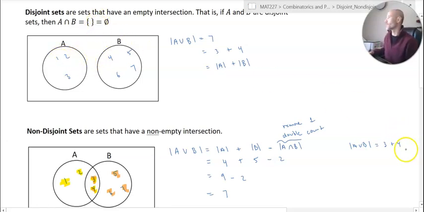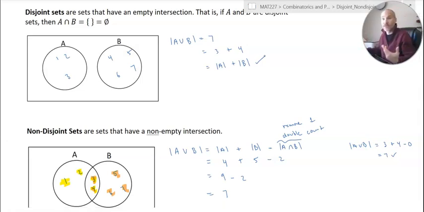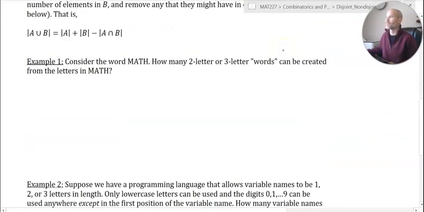The intersection is empty, so it would just be minus 0, and that would still give us the 7 that we got up here. So if the intersection is empty, then you're just subtracting 0, but it's important to be mindful of that. Is there an intersection? Subtract it off, even if it's 0.